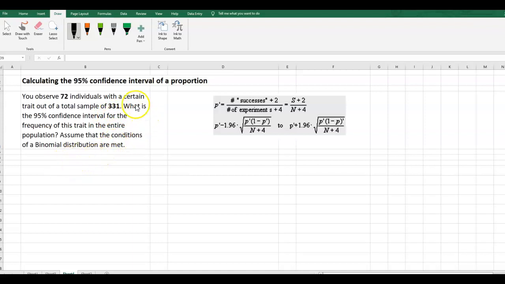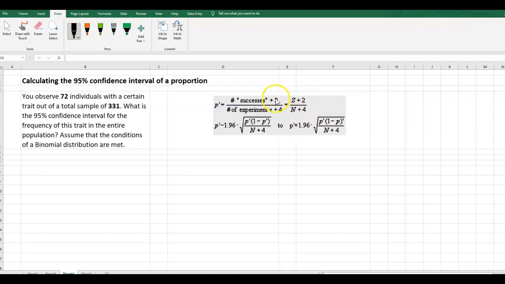So what we can do is calculate the ratio, and the ratio in this case would be 72 over 331. However, because we use discrete data, we later on will use this equation where we have a normal distribution which uses continuous data. We need to do some kind of adjustment. And when we use this equation here, you see that there are some numbers added, +2 and +4 in the denominator.